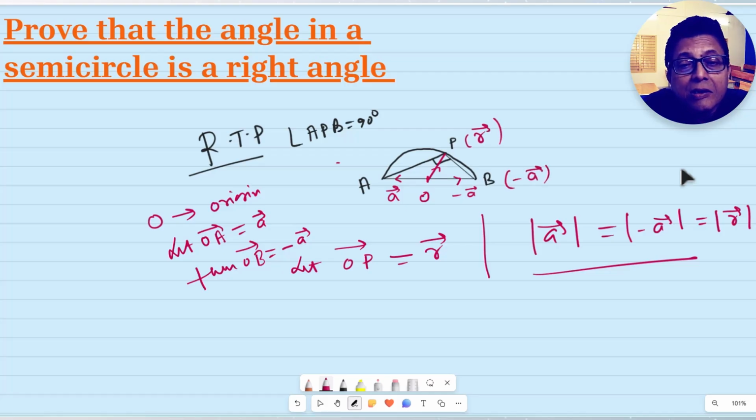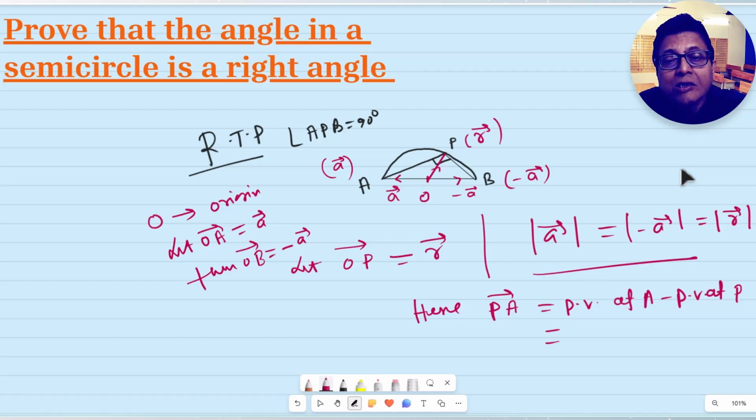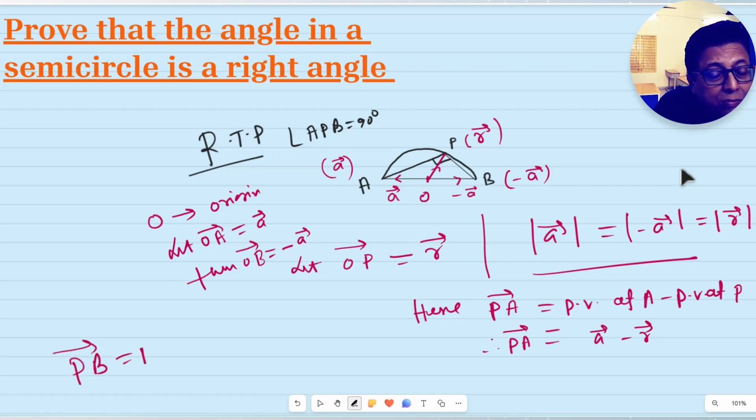Minus A. So you all can write here PA vector equal to position vector of A, this endpoint, minus position vector of P. Position vector of A is A, minus R. So PA equals A minus R. PB vector is what?